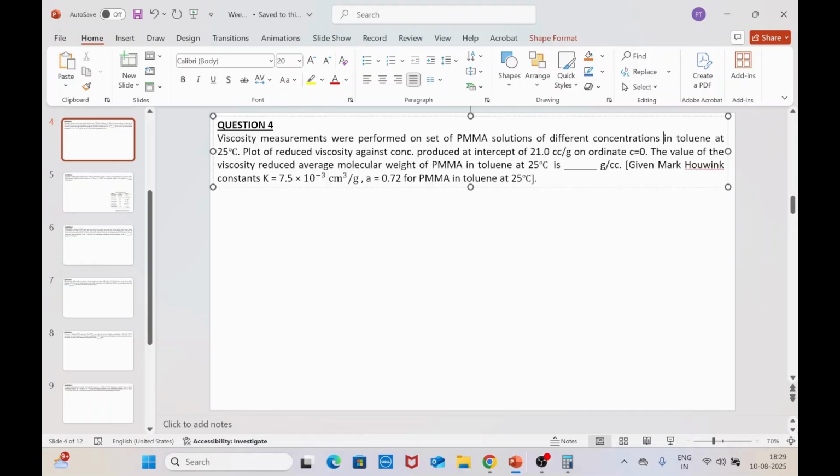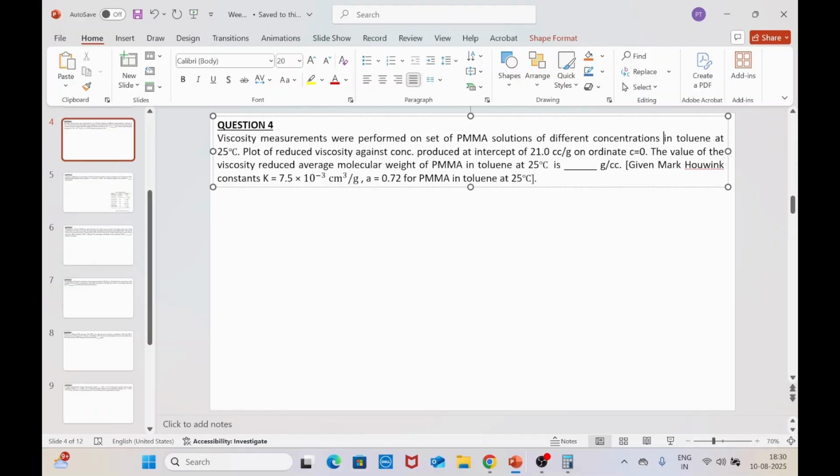These values are specific to a polymer-solvent system, so they cannot be changed. If the temperature or the solvent is varied, then these values can change.